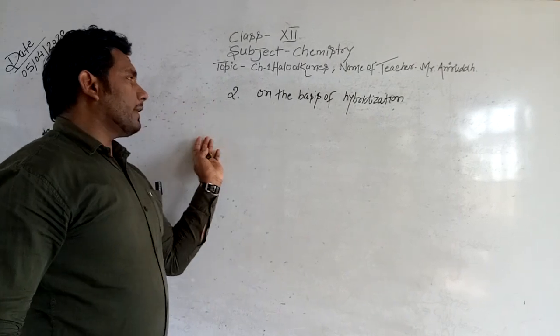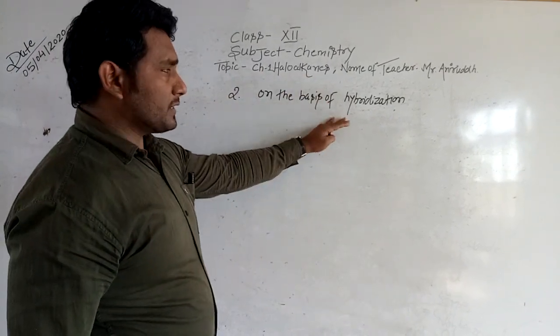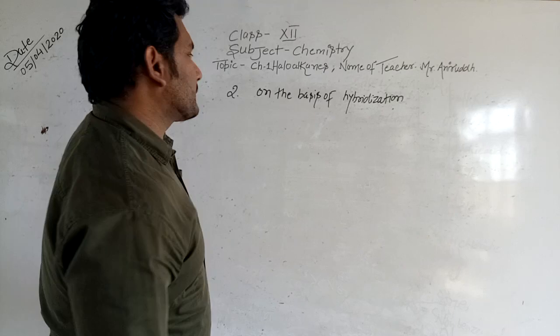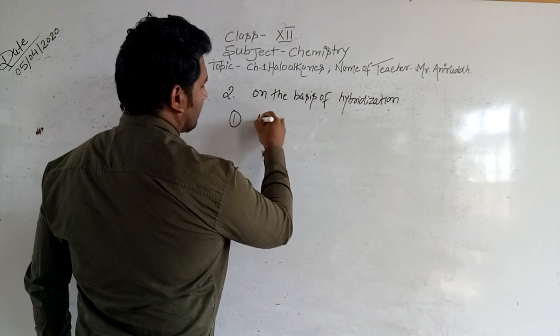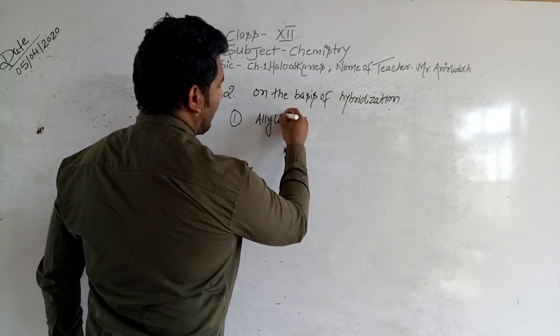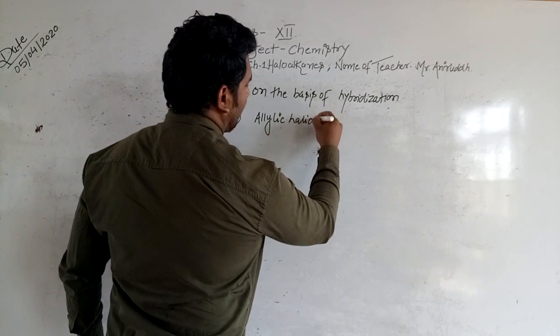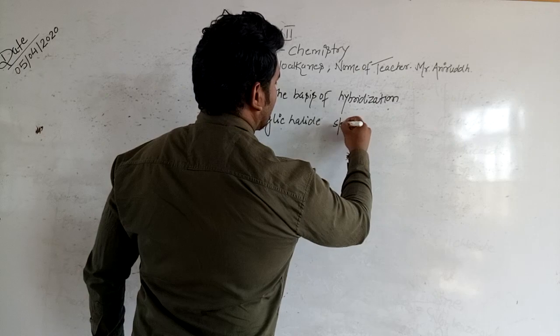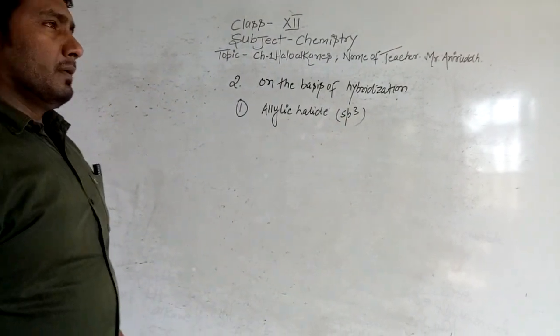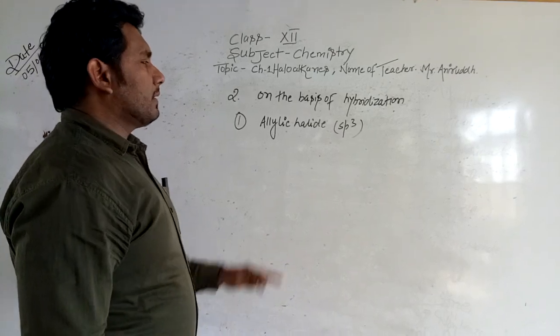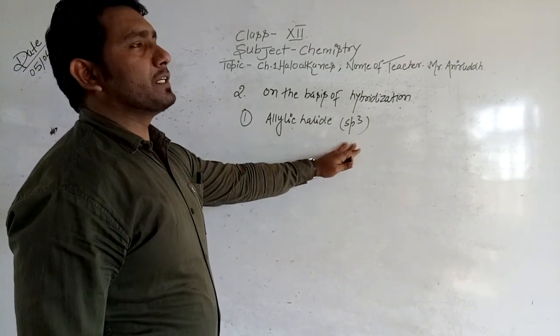Haloalkanes are classified on the basis of hybridization into 3 to 4 types. The first one is called allylic halide. This is explained on the basis of sp3 hybridization.